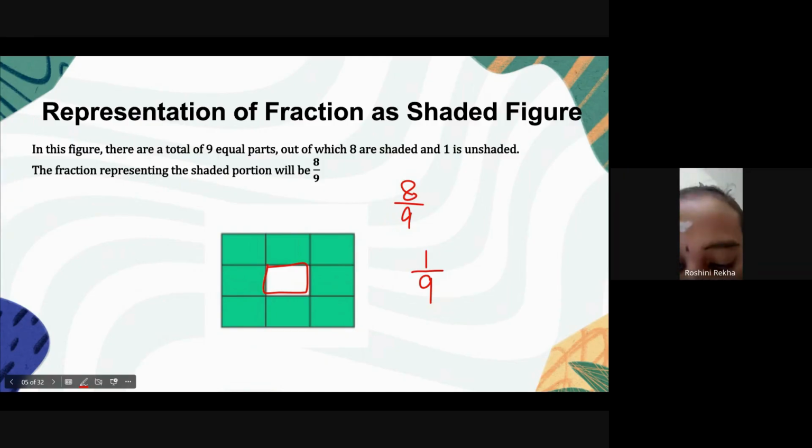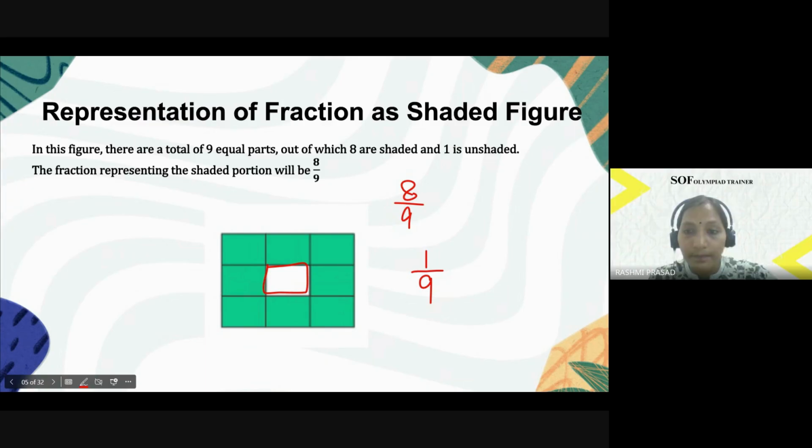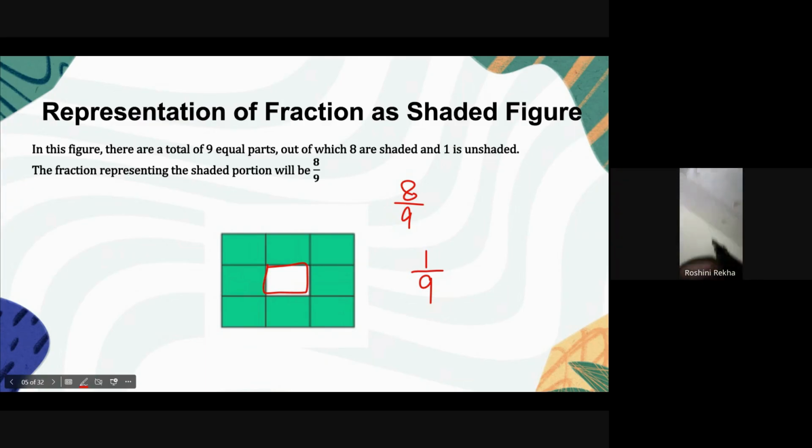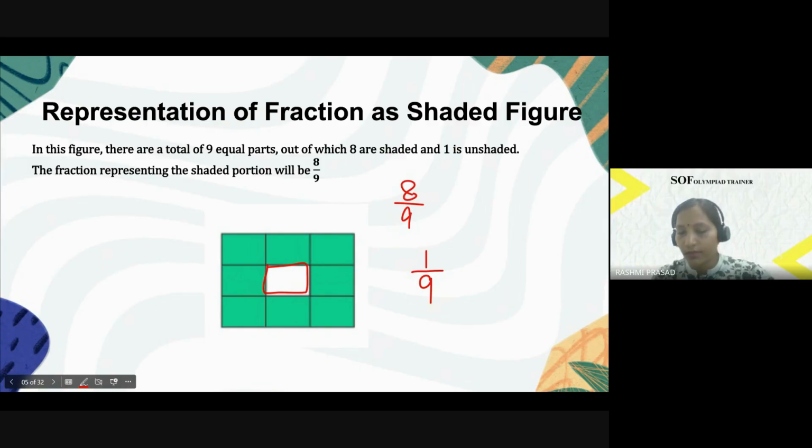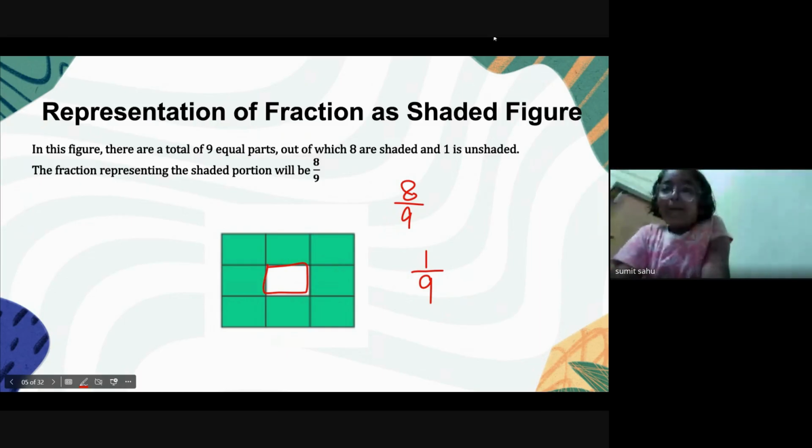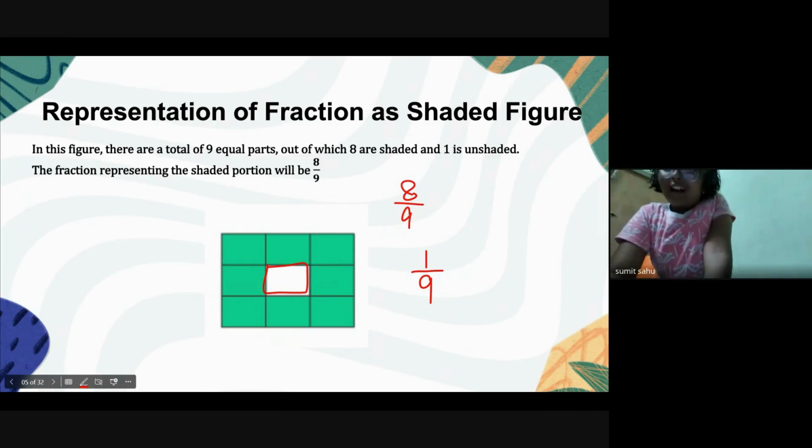My name is Ritanya. Okay, then we have Daisy here and Vihan and Roshni. Okay, let's continue the class. My name is Avya.